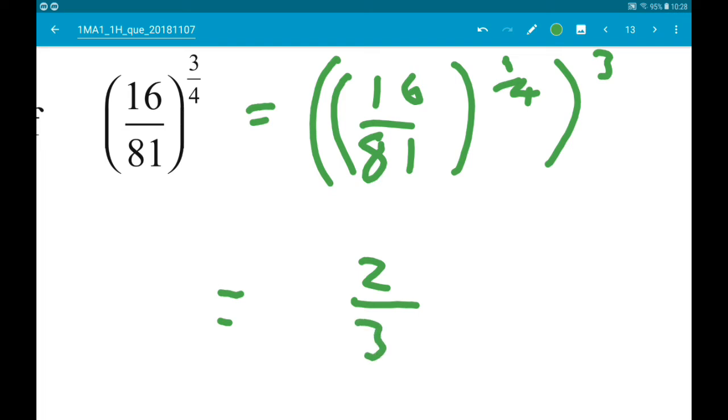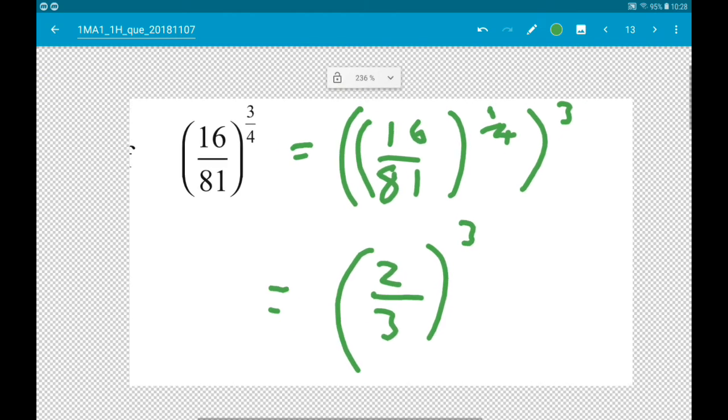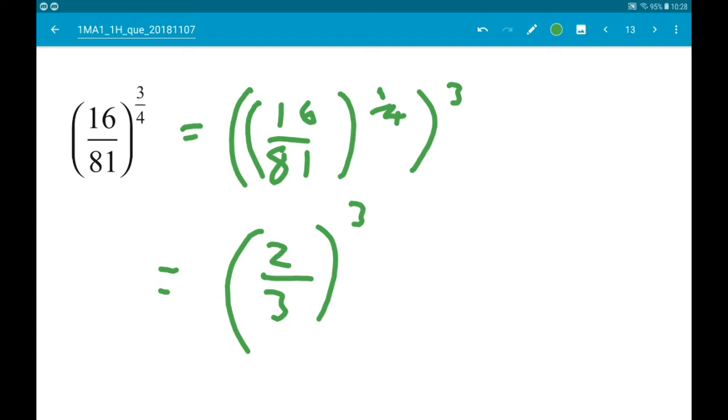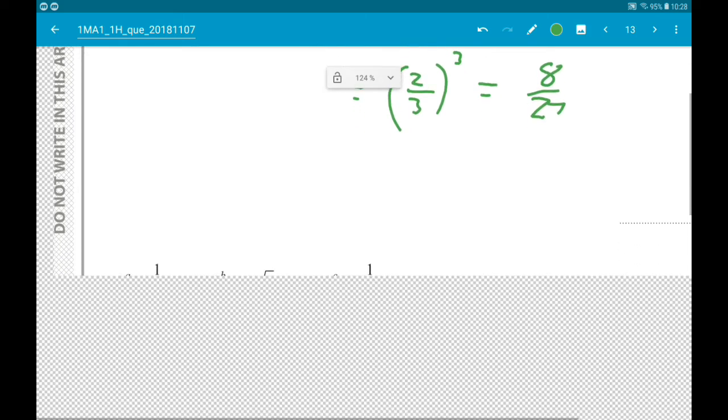So we now have 2/3 cubed, so cube the top, cube the bottom, we've got 8/27ths.